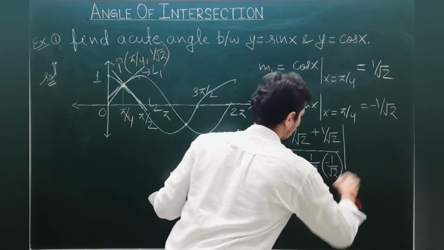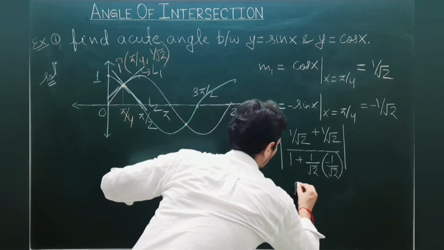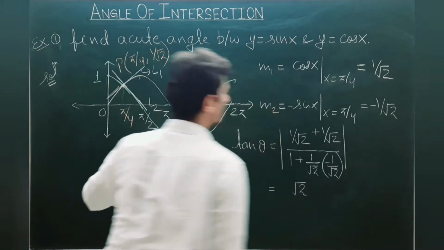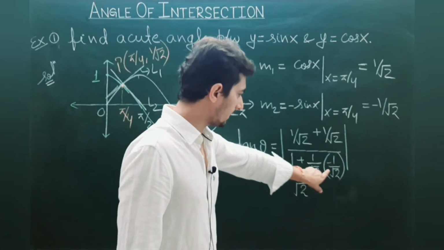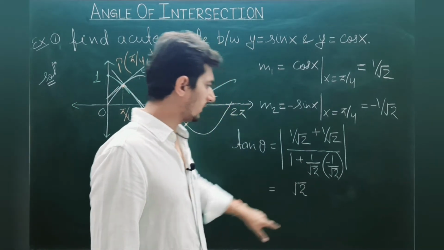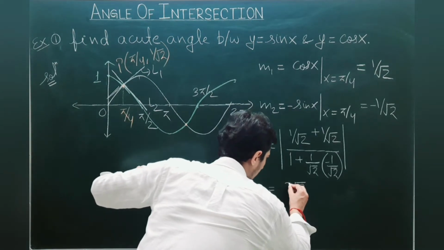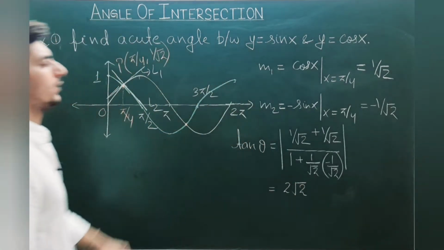So let's simplify it. This will give you 1 by root 2 plus 1 by root 2, that is root 2 in the numerator, and the denominator is 1 minus 1 by 2, which gives 1 by 2. So it is 2 root 2, right?